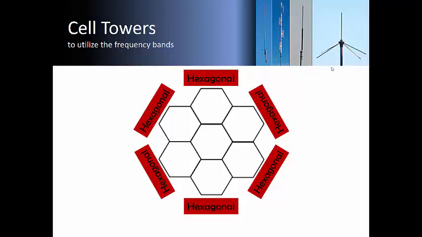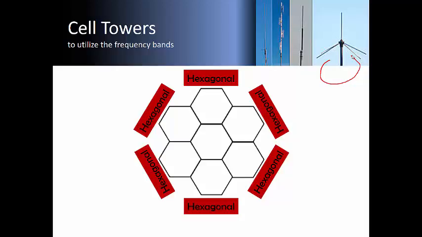The territory from this cell antenna is not really a proper circle, because depending upon the elevation geographically and depending upon the obstacles, it's not ideally a circle.